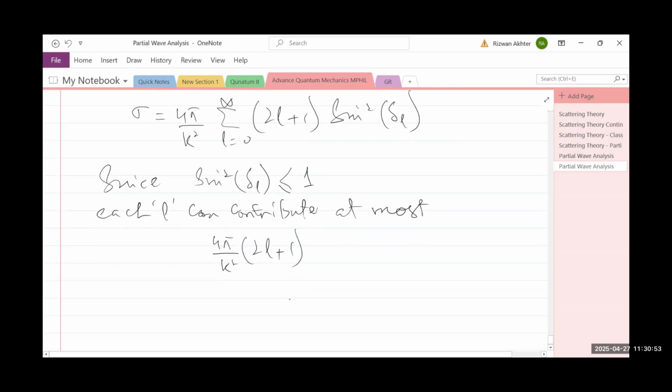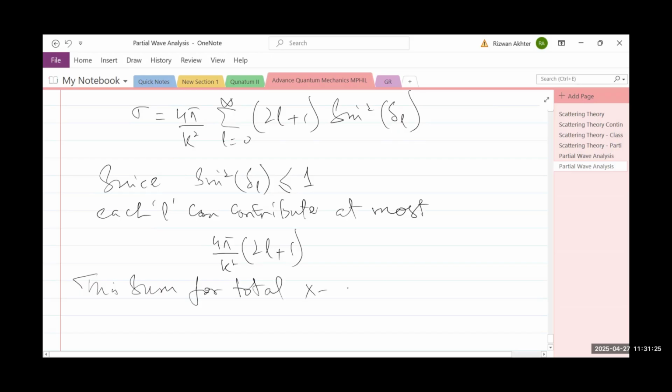So this sum for the total scattering cross section is an incoherent sum. Why is it an incoherent sum?